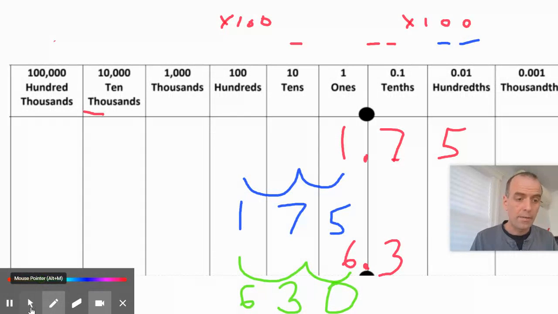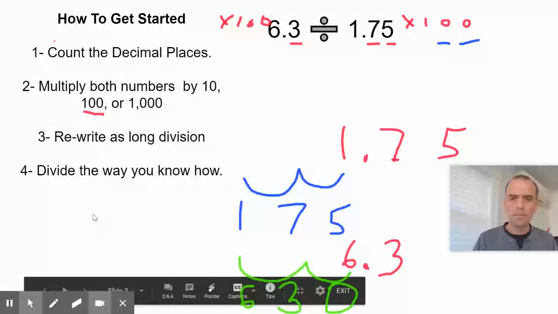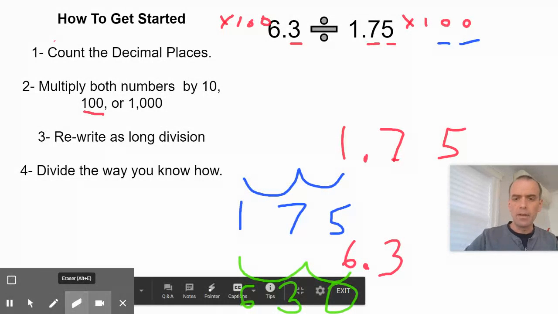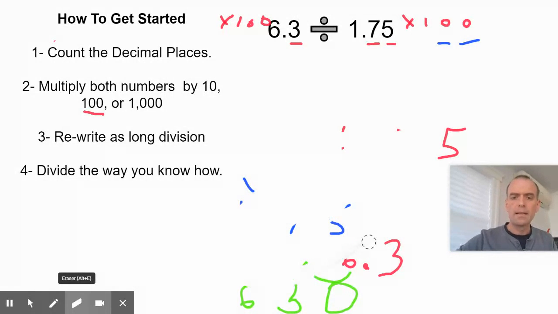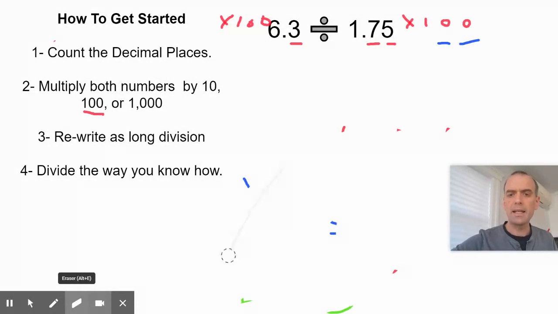Now if I go back to where I was working on my problem, I have a new problem: 630 divided by 175. Okay, that's it. Now I am ready to divide.